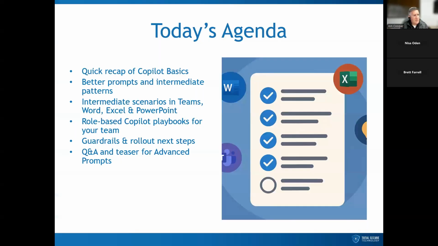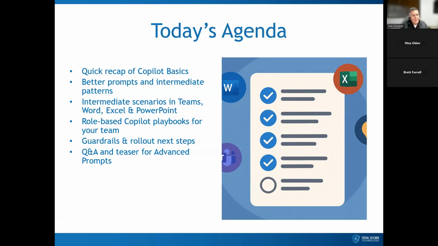So for today's agenda, we're just going to do a quick recap of what we talked about in the basics webinar, just enough to anchor things, but not be repetitive. We're going to talk about what I call better prompts, how to ask Copilot for what you want so you spend less time editing and more time using the results.